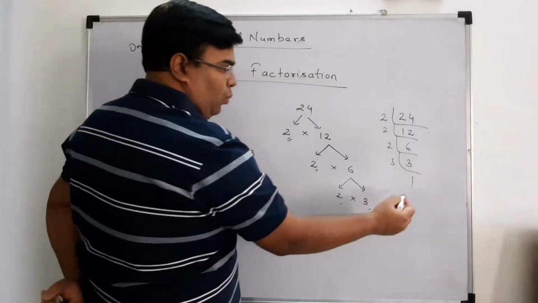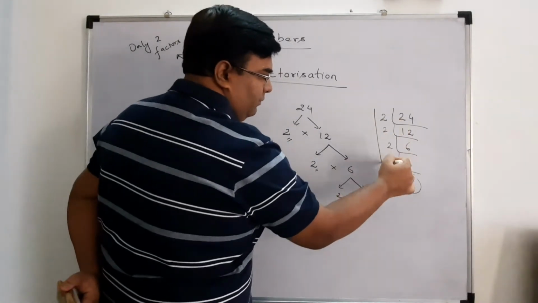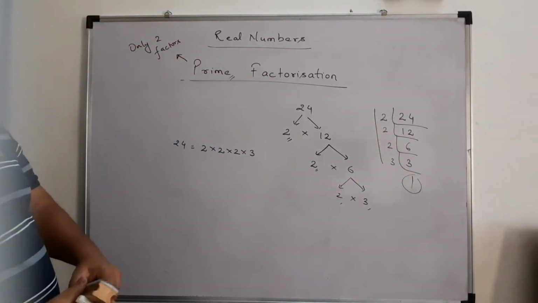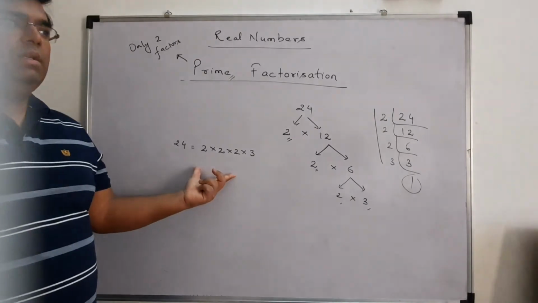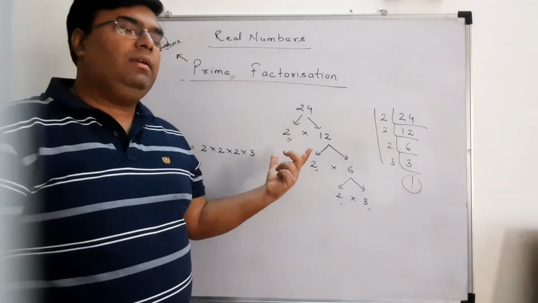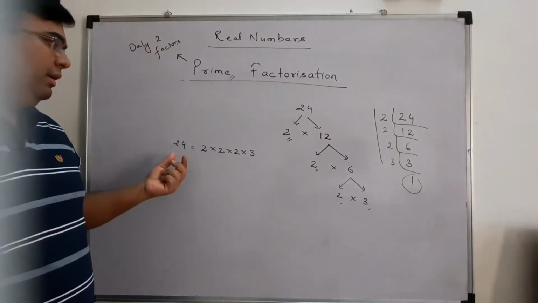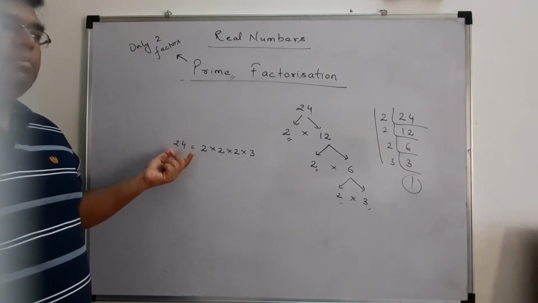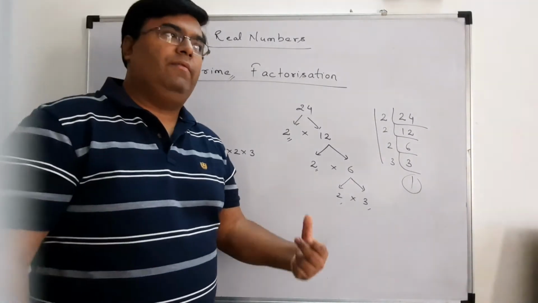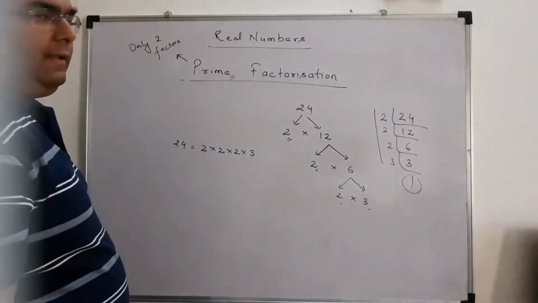So except 1, you need to write all the numbers, right? So this is another way of finding factors or writing any number as a product of prime factors. Clear?